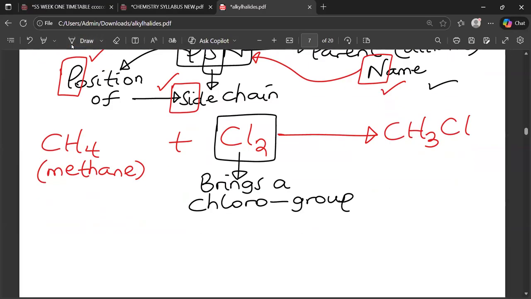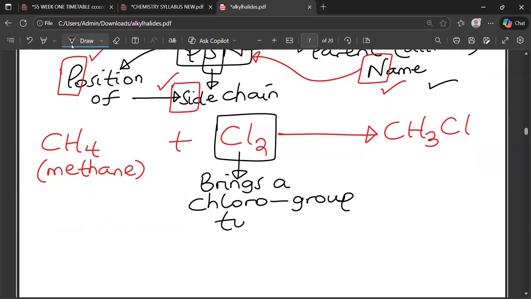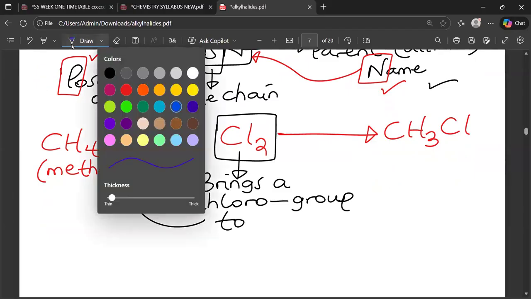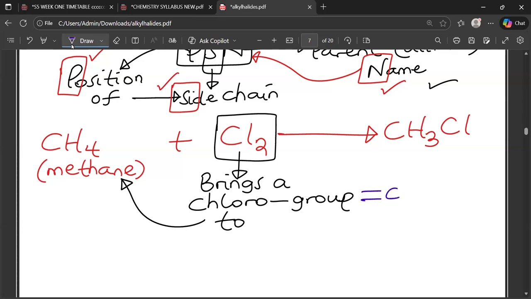We all know that Cl2 brings a chloro group to methane, and that's why we come up with our name, that is chloro what? Chloromethane. Like that.